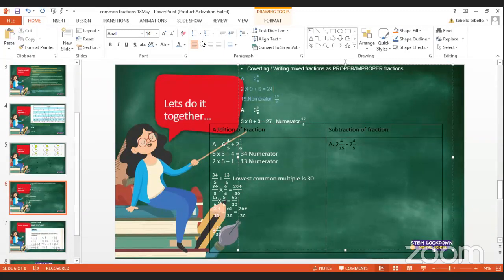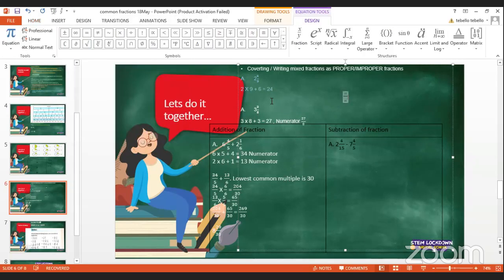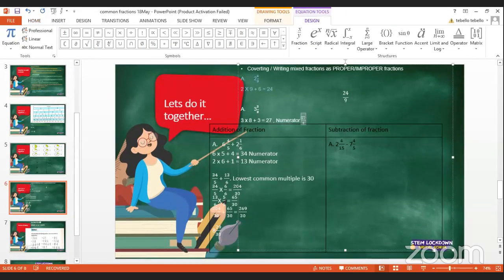And then we'll have our fraction, which is 24 over 9. So that's our answer for example number A.